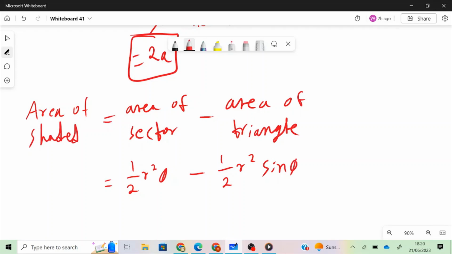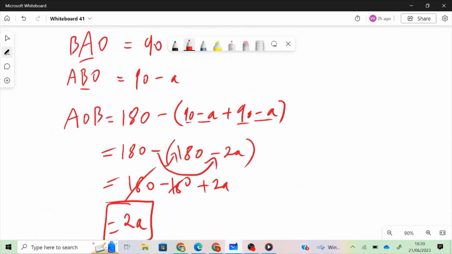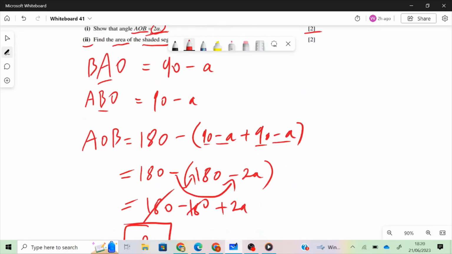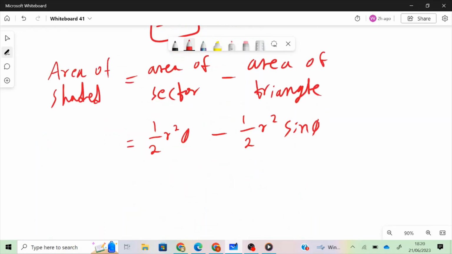C is simply the angle that we're taking. And the angle that we are considering, obviously, is this angle over here, which we eventually know as 2 alpha. So all we have to do is just simply take that and substitute it in place of theta over here and over here.